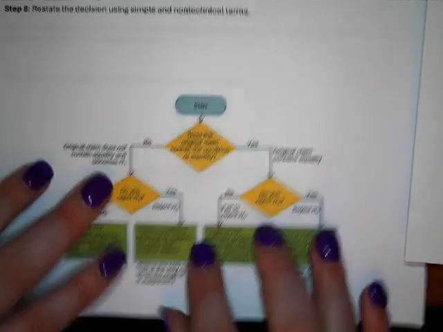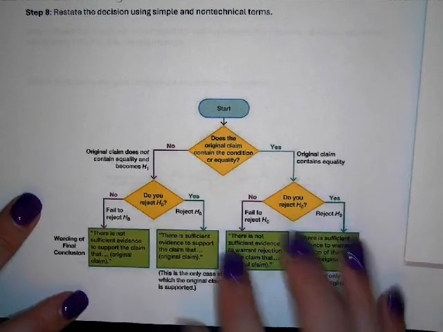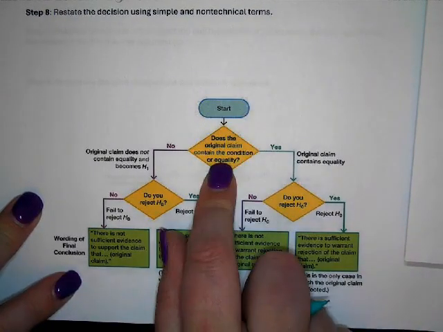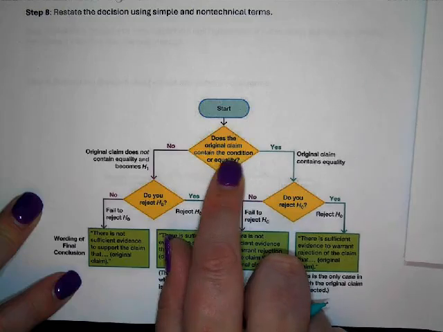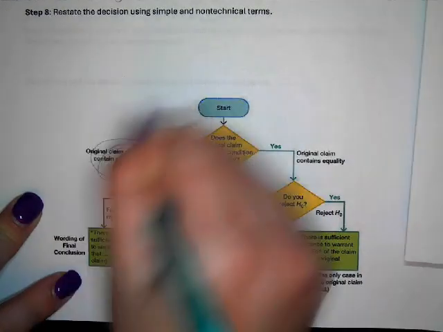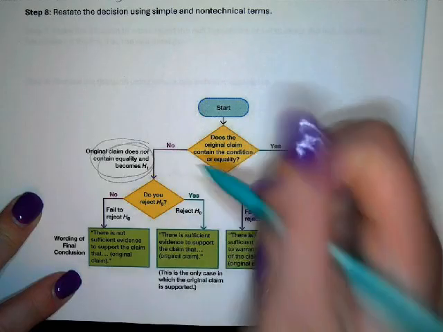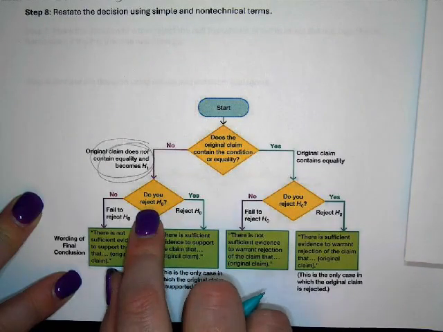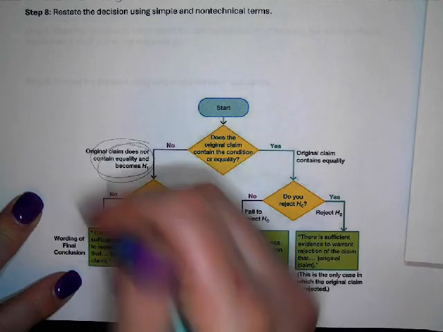Okay, so now we're going to look at this. Does the original claim contain the condition of equality? The answer is no. The original claim was that mu was less than 12. Do you reject the null hypothesis? And the answer was no. We failed to reject the null hypothesis. And so we're going to write the sentence this way.